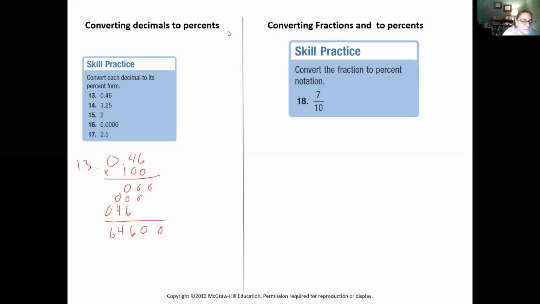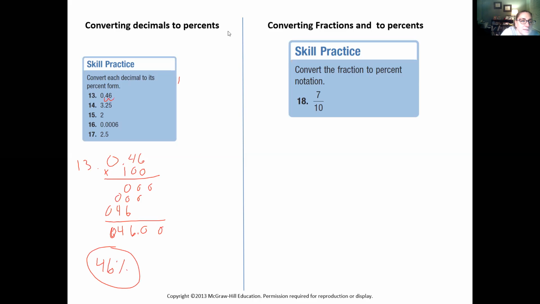And it's 2 decimal places, so 1, 2. So it would be 46.00. Or if you just move it 2 to the right, 46%. So it's a lot easier just to move it 2 to the right.